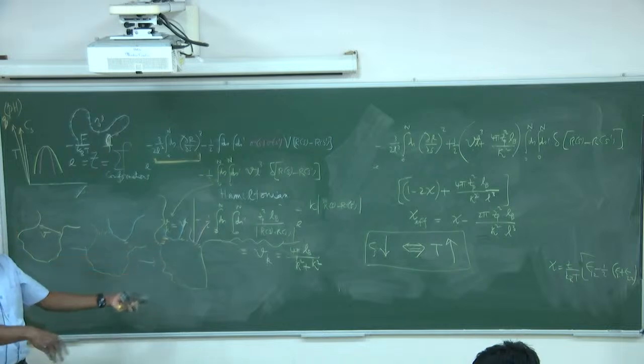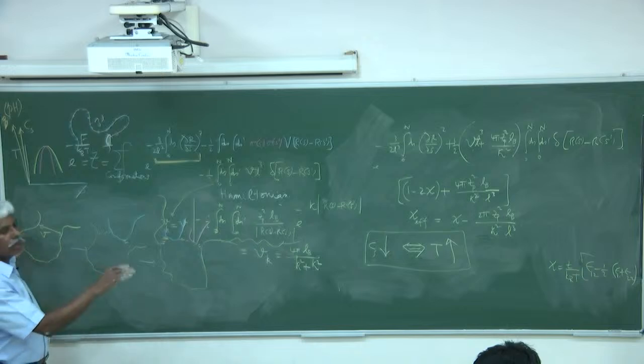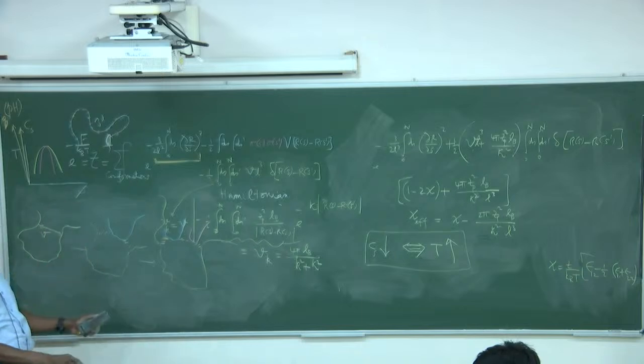The next term will go like V, and then a correlation between two monomers, and the chance that I get the blue chain is some concentration C. Let me write this as S of k.